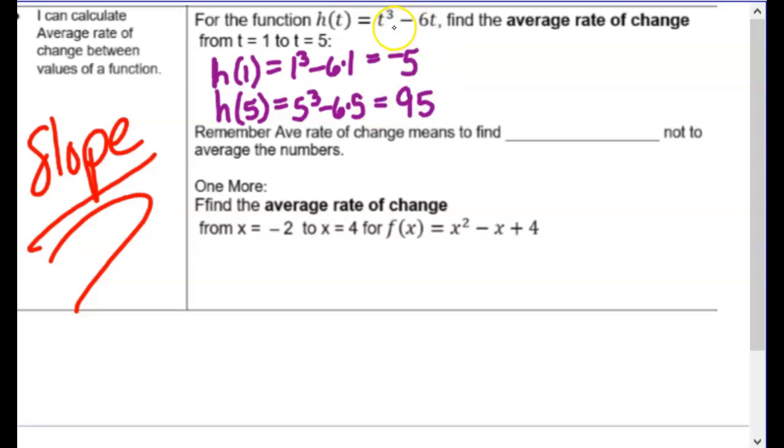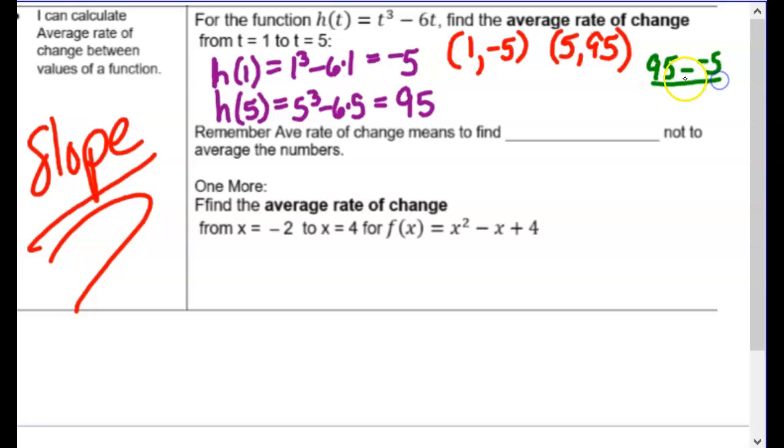Okay, does everybody get what I did? Now, how do we find the slope? Ordered pair, we put in a 1 and got out a -5, and we put in a 5 and got out a 95. Now you do the slope. 95 minus -5 over 5 minus 1.